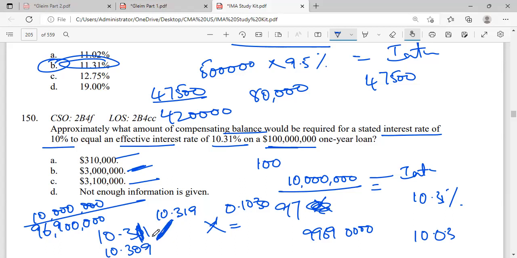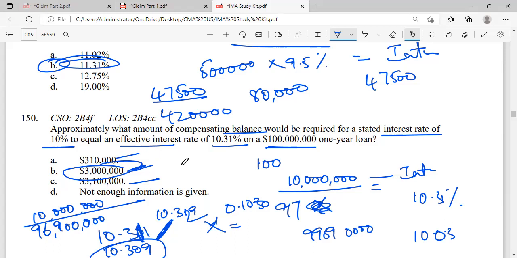So which one is more near to 10.31? The answer is this. This is more near because this is 10.319. It is going to become 10.32. So I guess this should be the answer. What do you guys say? I've come up with this. So you see, it's so nearby. You have to be in points.